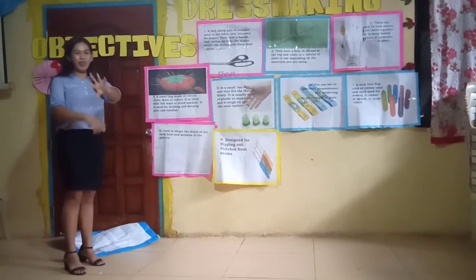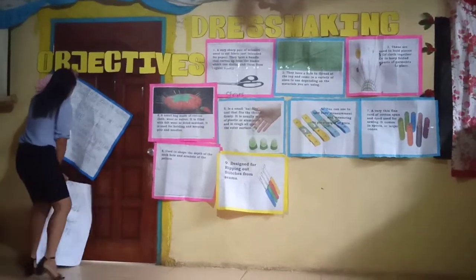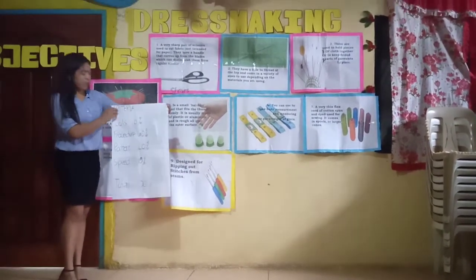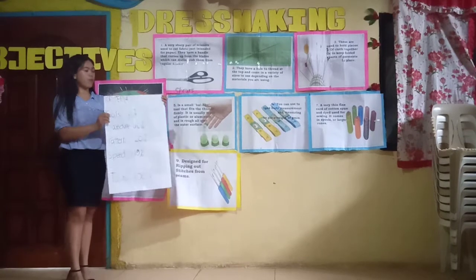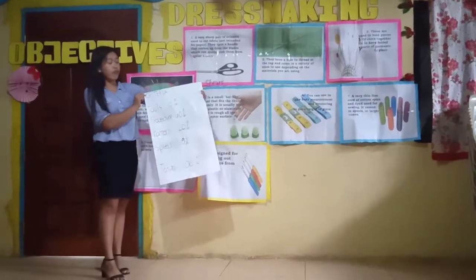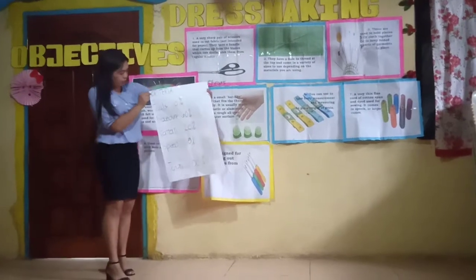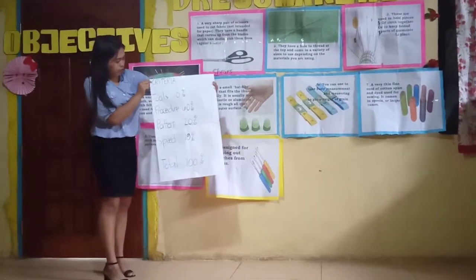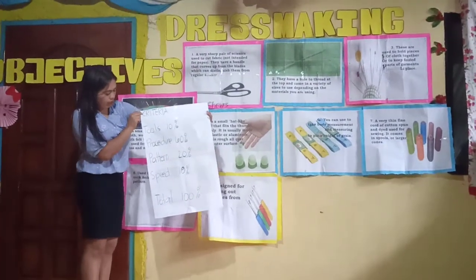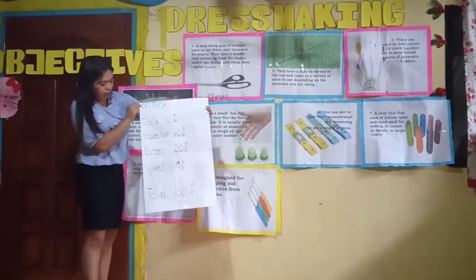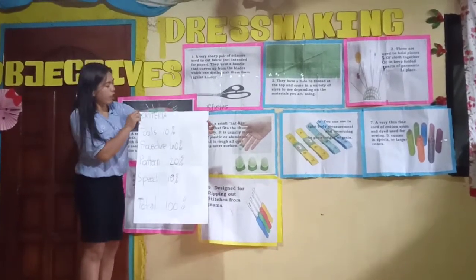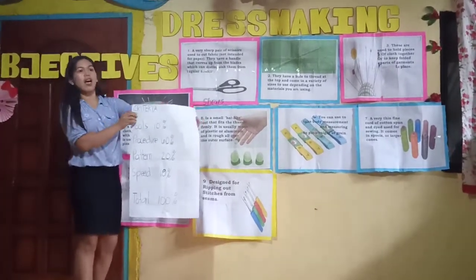I will give them 25 points for the task I've given. But first I impose the criteria. So this is the criteria for their grading. First is the tools, 10%. Second is procedure, 60%. Third is the pattern, 20%. And last is the speed, 10%, a total of 100%. So this is the criteria for their grades.